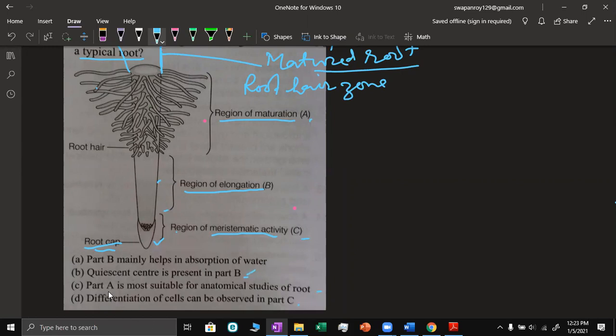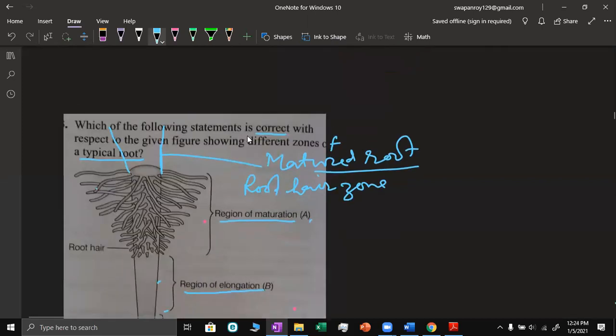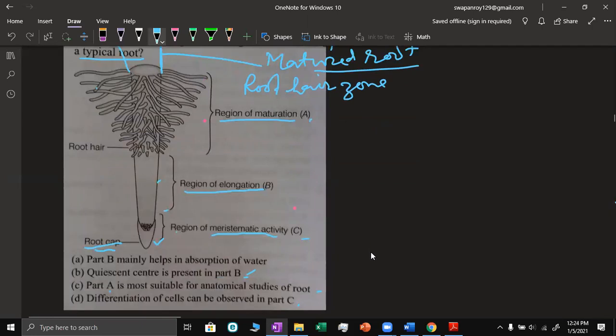Oh, part A also. So which portion is correct? Yes. Which statement is correct? Answer. Which one?